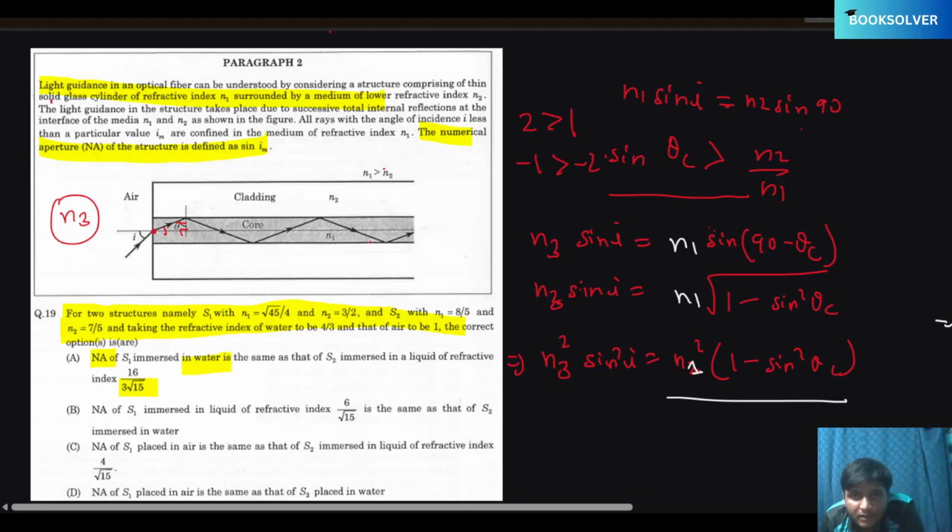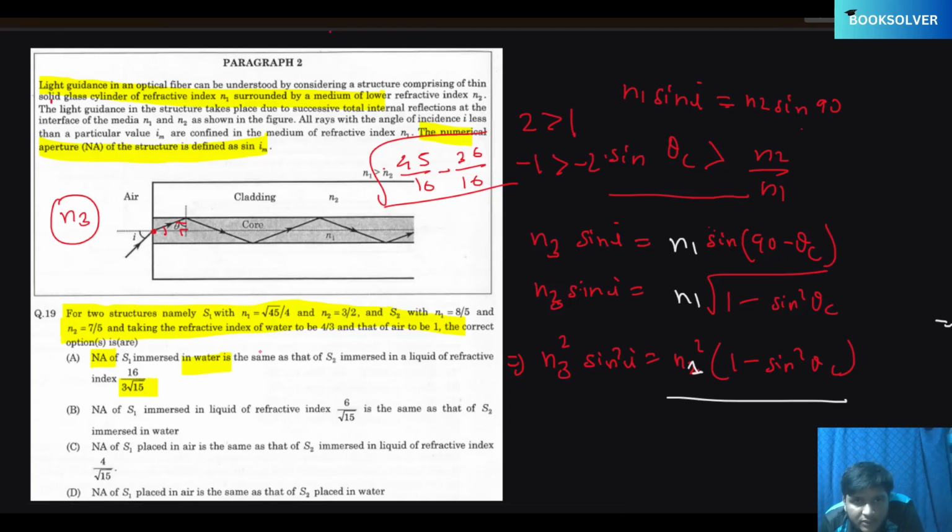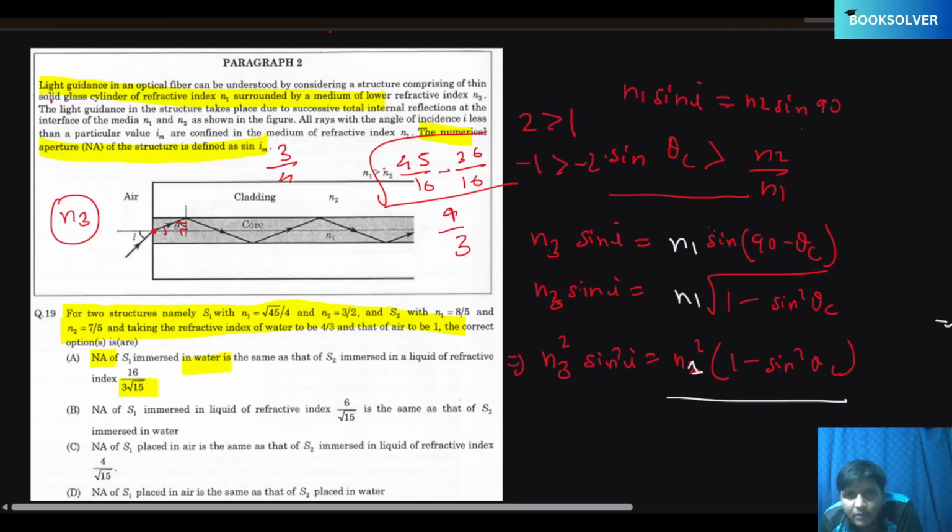N1 square is 45 by 16, minus N2 square, which is 9 by 4, so it is 36 by 16, divided by N3. N3 for S1 is water, so it will be 4 by 3. 45 minus 36 is 9 by 16, that is 3 by 4 times 3 by 4, so it comes equal to 9 by 16.